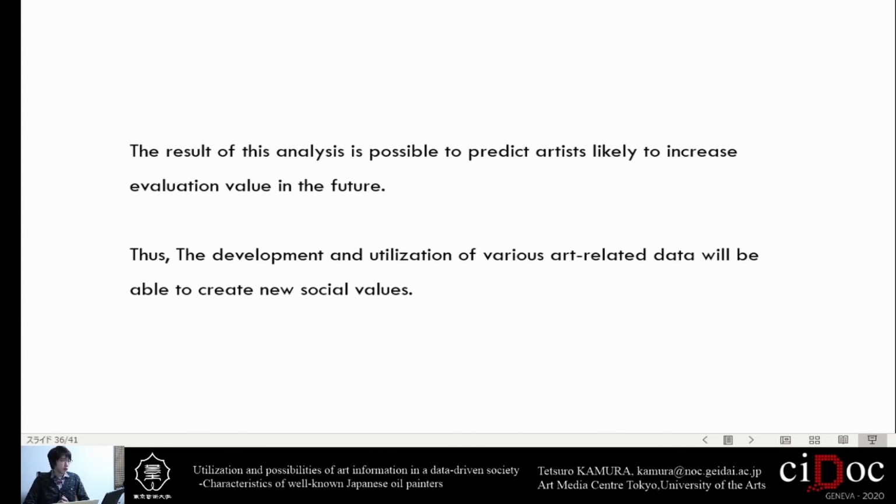The result of this analysis makes it possible to predict artists likely to increase in evaluation value in the future. So, the development and utilization of various art-related data will be able to create new social value.